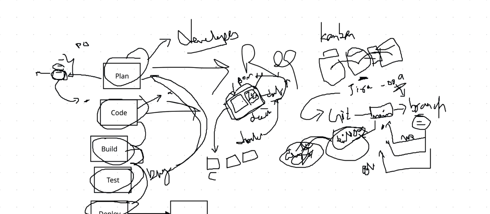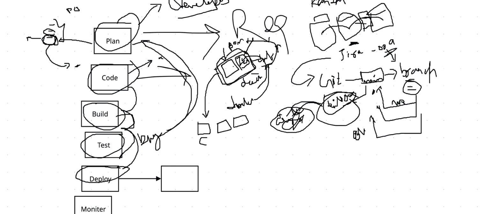It will take your Java jar file, put it into Docker, and create an image which can be deployed. So now we are deploying the images to the environments. Correct. So now you have plan, code, build, test, deploy, and monitor.